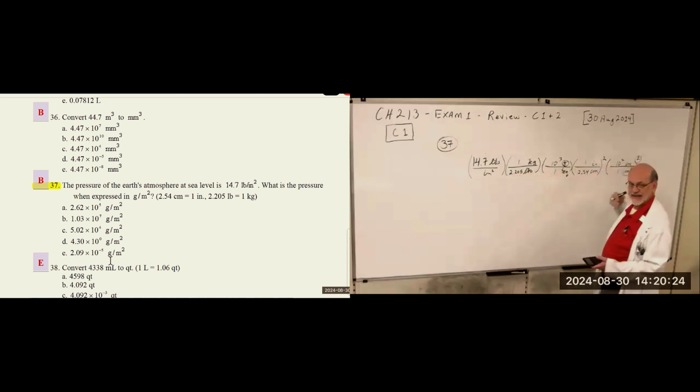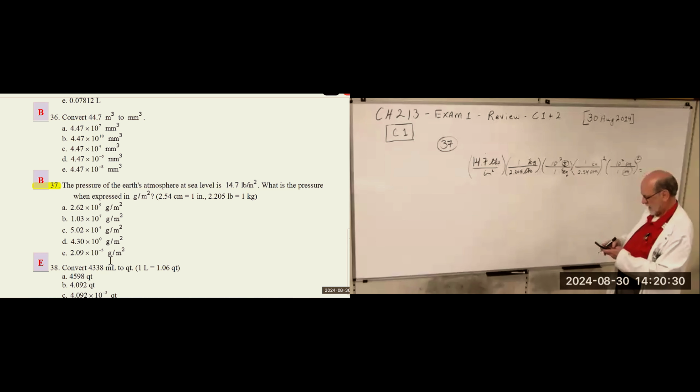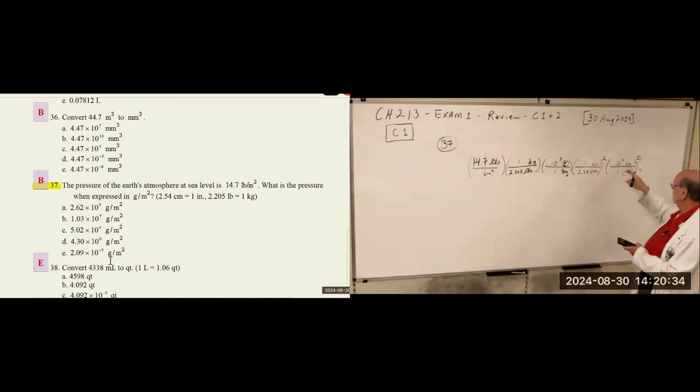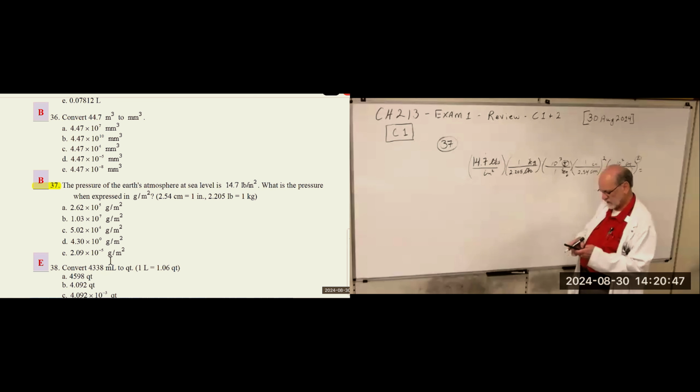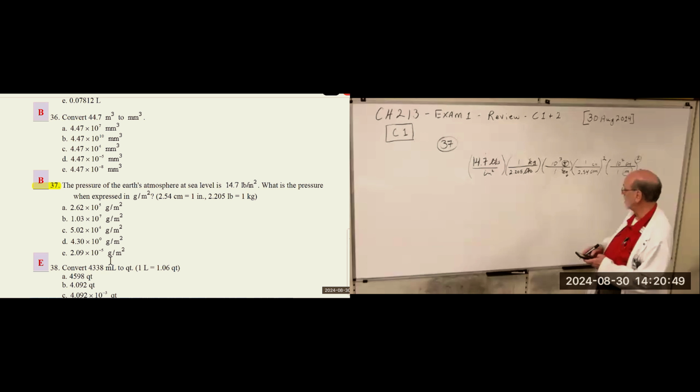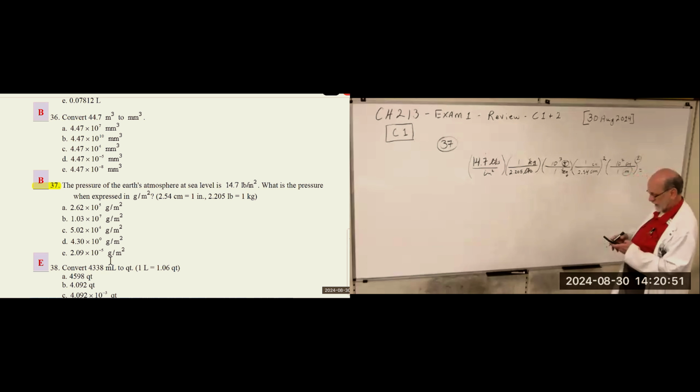So 14.7 times 1,000 times 1 squared times 10 squared, 10 squared squared. 10 to the 4th, right? That's 10,000. Then I go back, divide by 2.205, and divide by 2.54 squared.